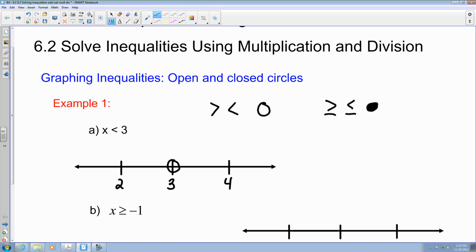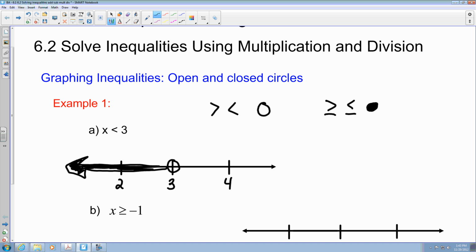And it's very important when you're identifying things that are less than 3, like, for instance, would 2 fit that bill, or would 4? The correct answer would be 2. So I'm going to shade this side of my graph.